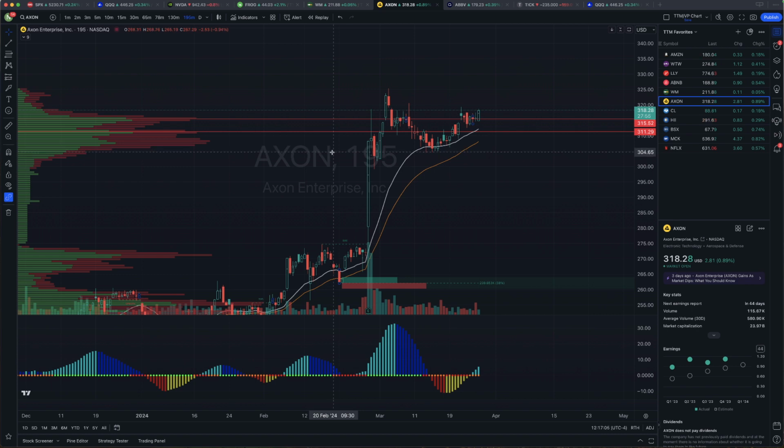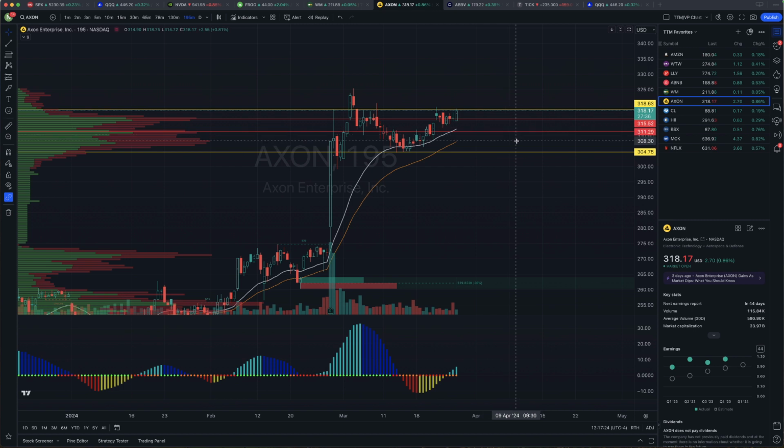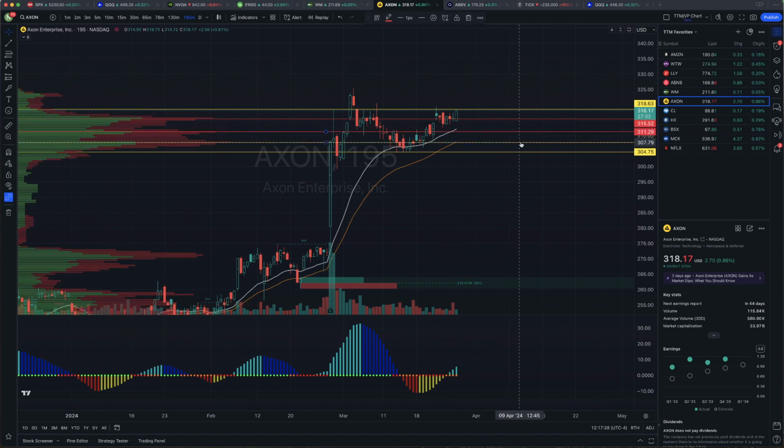So I would draw my value area low there. I'd come in and I'd draw my value area high, sort of in here, like that. Right, and then I've got 2, maybe 3 point of control areas within that pattern.